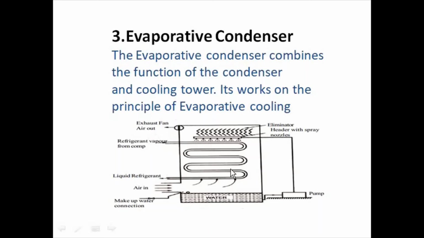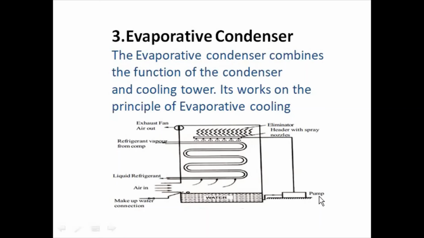Here you see what we call an evaporative condenser with its main features. For example, here we have eliminators, a header with spray nozzles. Those are the features.